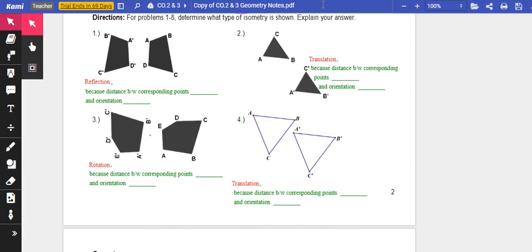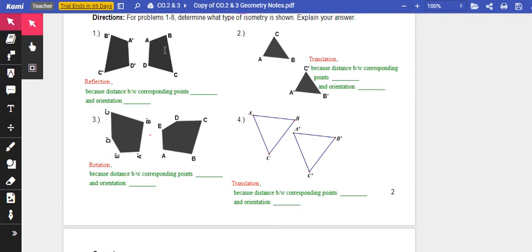But we did not answer this part, explain your answer, because we needed to do the transformation patty paper activity first, and we needed to have that table of results in which we found whether or not corresponding points were changed or preserved, or whether orientation was changed or preserved, because those two things are going to tell us specifically which type of transformation we are talking about.